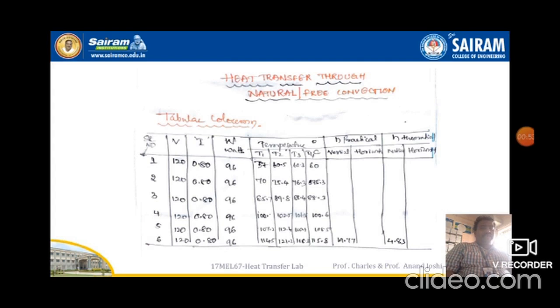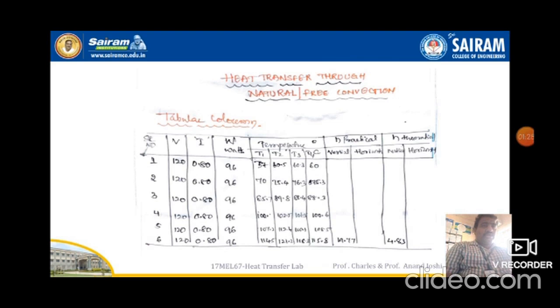Now, if it is the vertical position, we have to check what the heat transfer coefficient will be. With the help of the thermostat, we set the voltage to 120 and the current to 0.8, so we get a power input of 96 watts, and after that we get the temperature readings. Thermocouple wires are connected at various points at certain distances throughout the console. Here the temperatures are 57, 60.5, 60.3 and 60 degrees centigrade.